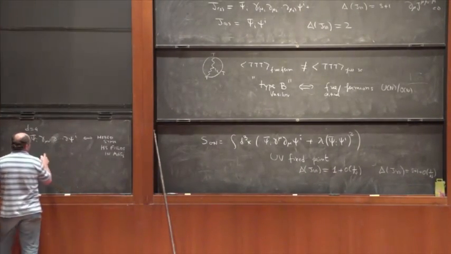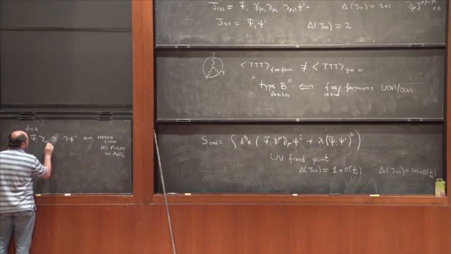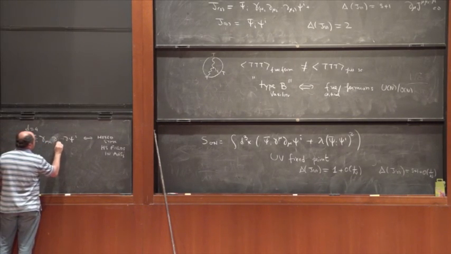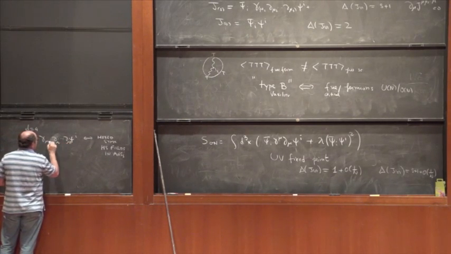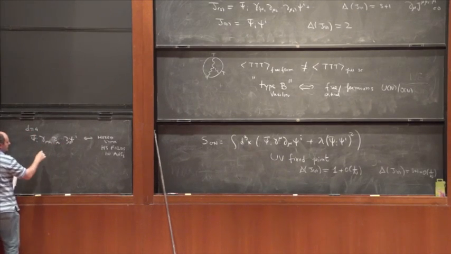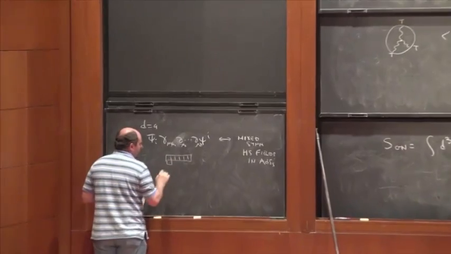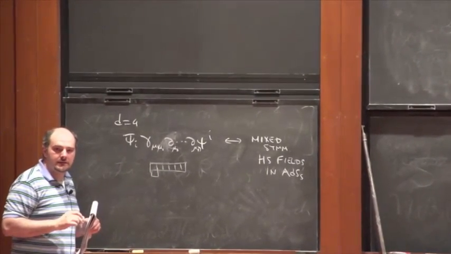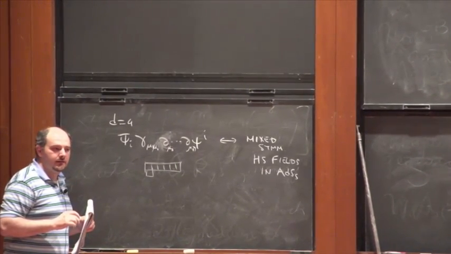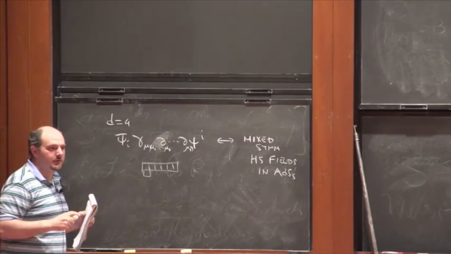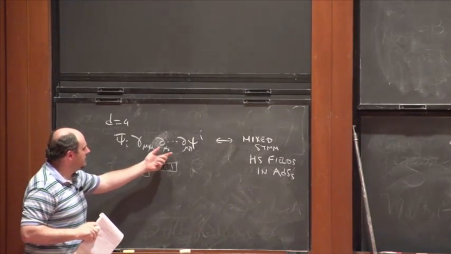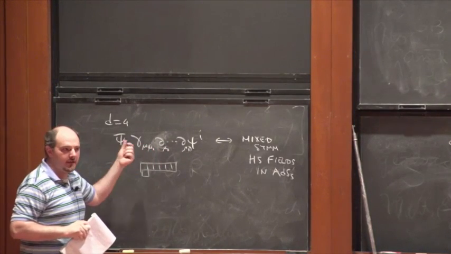So it just means, let me schematically do something like this. An operator like this would correspond to a Young tableau of this type. So it's not totally symmetric, and we call it mixed symmetry. It is symmetric under these indices and anti-symmetric here.